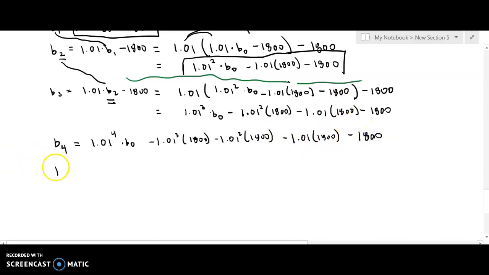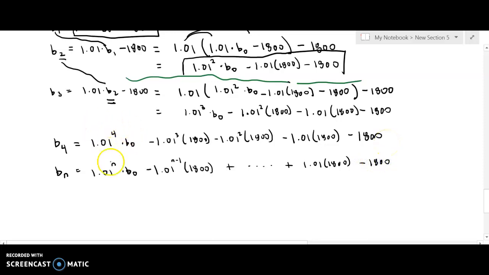And in general, we could say that b sub n will be 1.01 to the nth times the initial value minus 1.01 to the n minus 1 times 1800. And then I'll have a bunch of these until I get down to 1.01 times 1800, and then finally minus 1800.